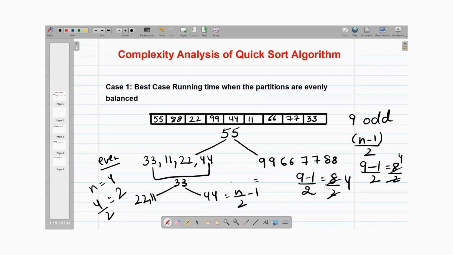So n is 4, divided by 2 is 2, minus 1, that means 1 element. So when we have an even number of elements, on one side we have n by 2 elements, and on the other side we have n divided by 2 minus 1 elements. I hope you got this idea.